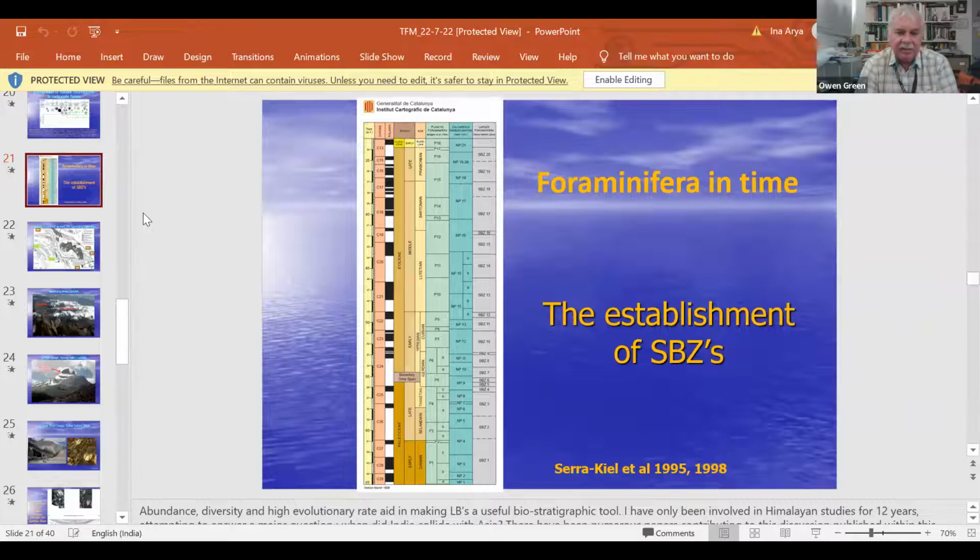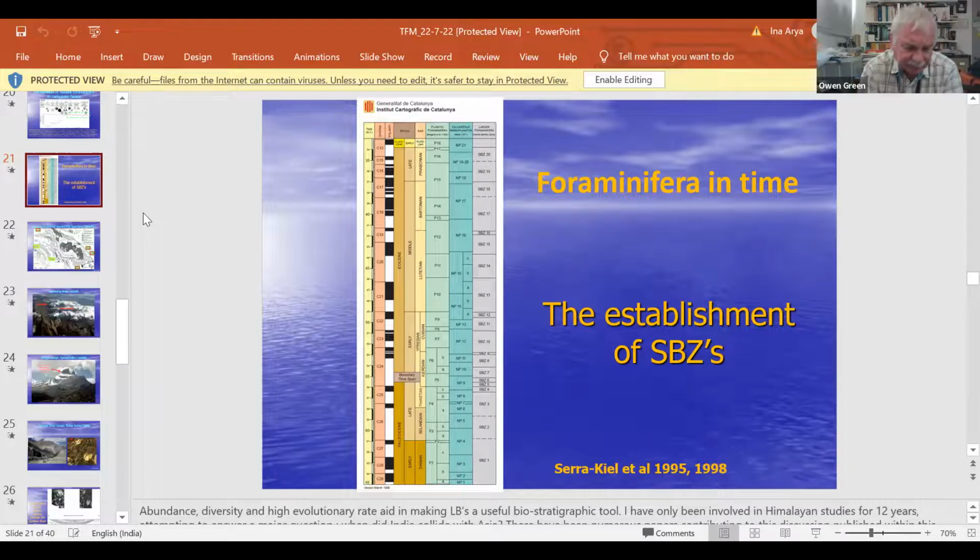Okay, so in order to establish a useful tool for this, that's essentially what I was looking for. I spent a long time trying to work out how we were going to use the larger benthic assemblages, because they don't really evolve in much the same way as planktonic foraminifera. They're usually mixed assemblages, as we'll see, of larger benthics, which you see both in thin section and in hand specimen.